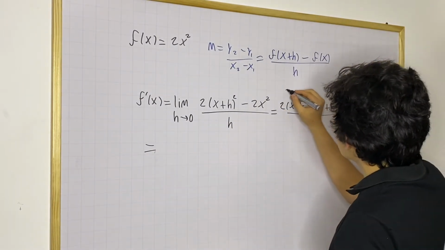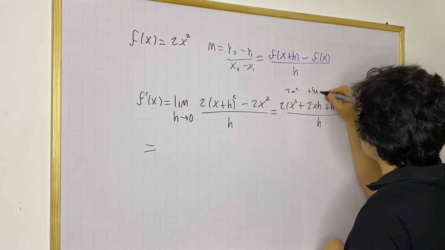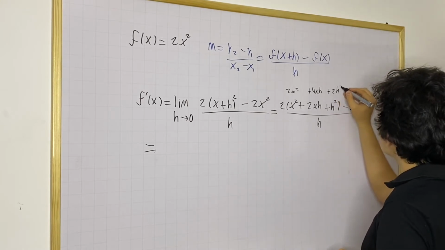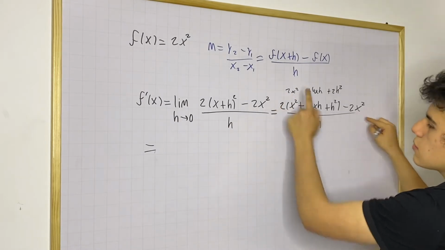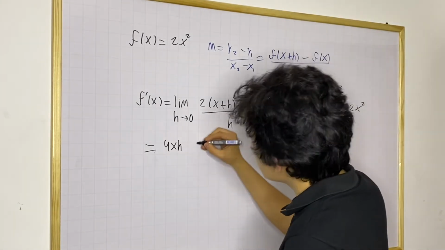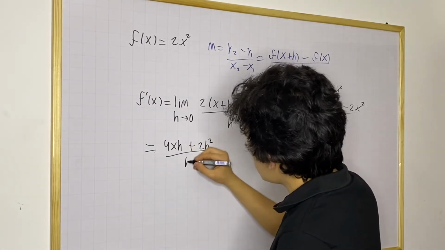And in this case, real quick, we would get 2x squared plus 4h times x plus 2h squared. Now we know these two terms, 2x squared and minus 2x squared, are gonna go out, and so we get 4x times h plus 2h squared divided by h.